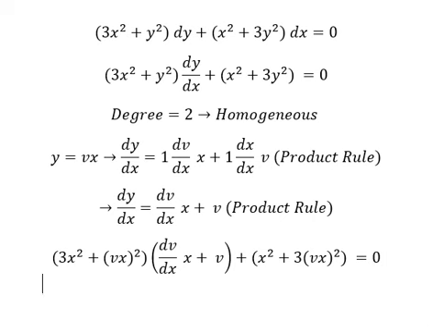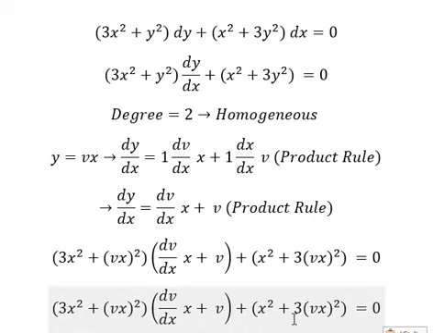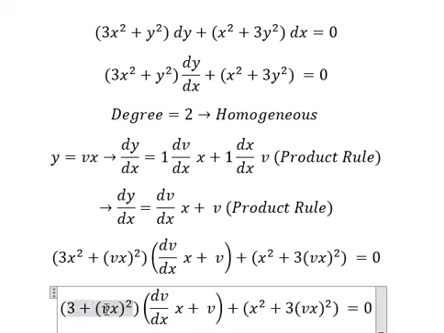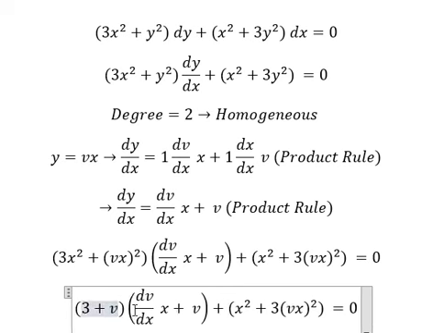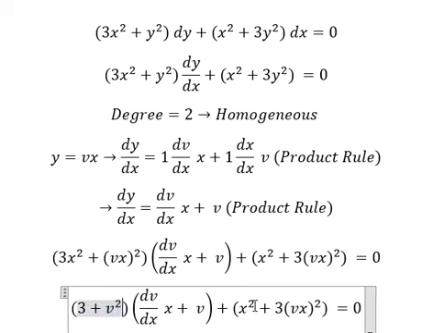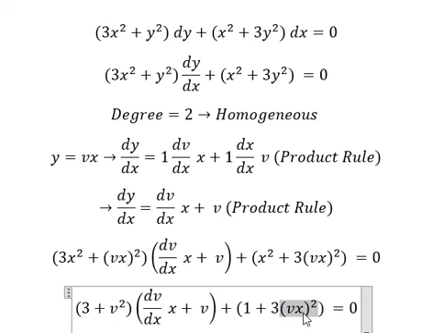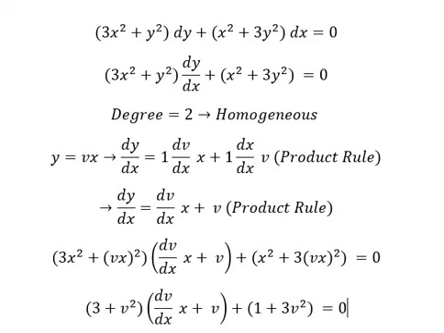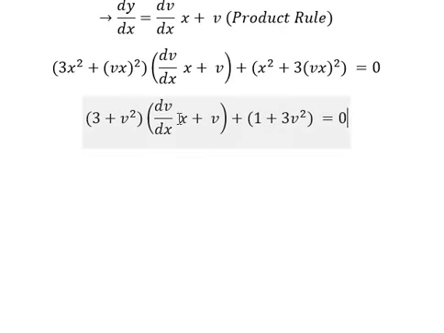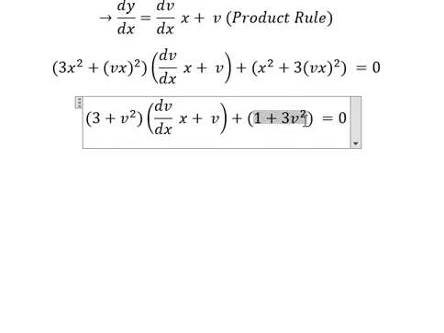Next, we need to simplify s squared for both sides, and we got like this. So I will put this one go to the right, then we divide both sides by this one.